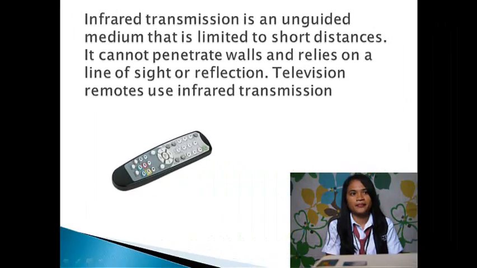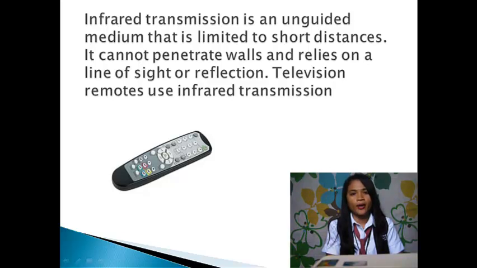Infrared wave. Infrared frequencies are just below visible light. These high frequencies allow high-speed data transmission. This technology is similar to the use of a remote control for a TV. These transmissions fall into two categories.